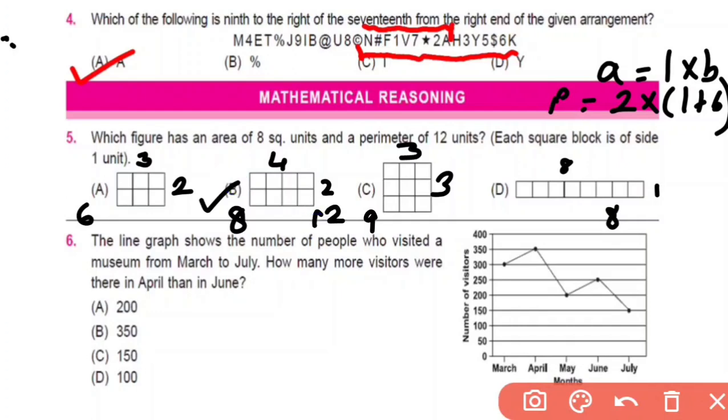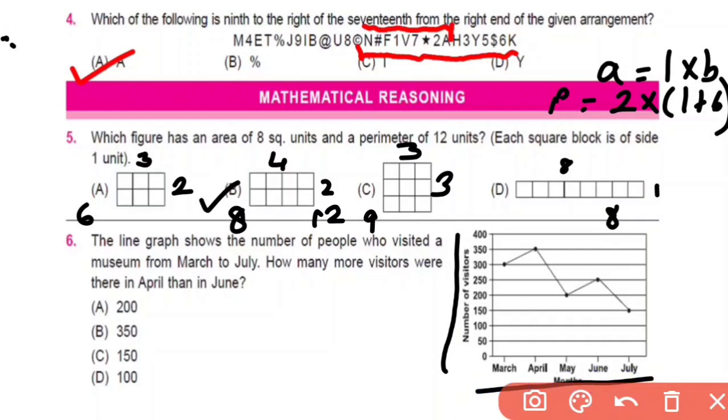Now question number 6. The line graph shows the number of people who visited a museum from March to July. How many more visitors were there in April than in June? This is showing the number of people who visited the museum in each month.